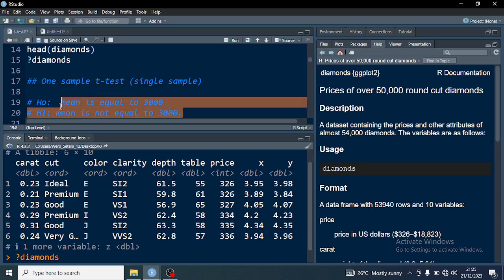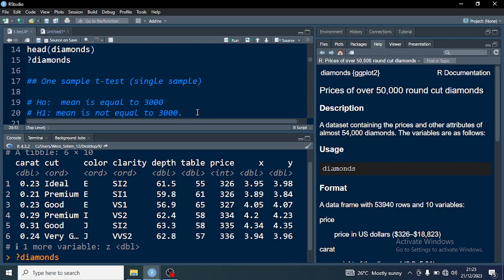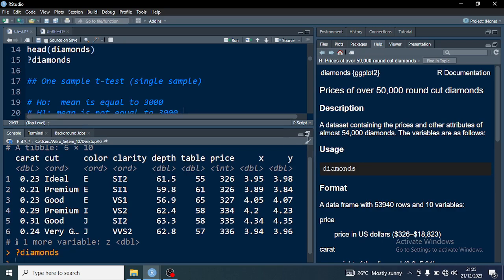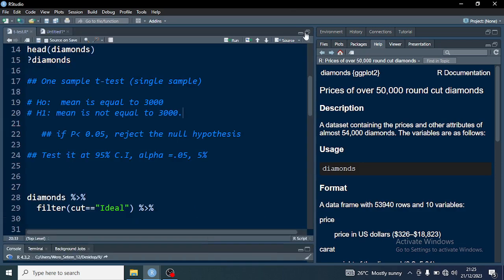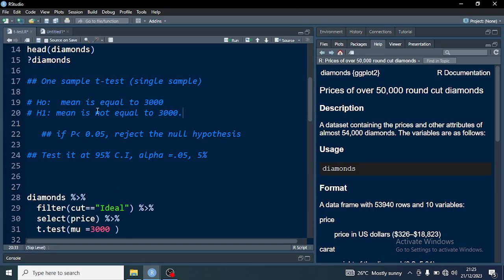So it's good that we understand hypothesis testing first, because for the t-test, chi-square test, and z-test we will be using hypothesis testing. So let's first understand hypothesis testing. We are saying, is the mean of a certain sample equal to 3000 or equal to a certain value?